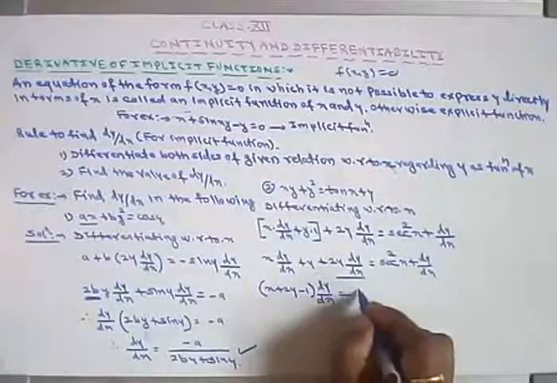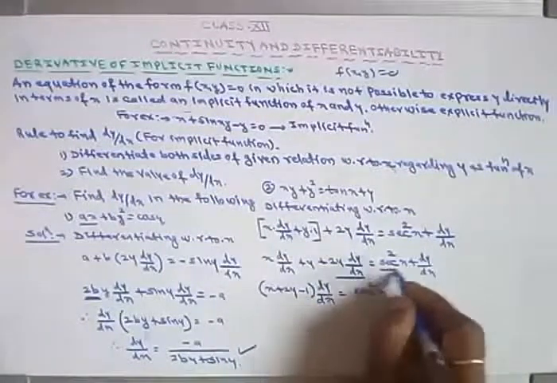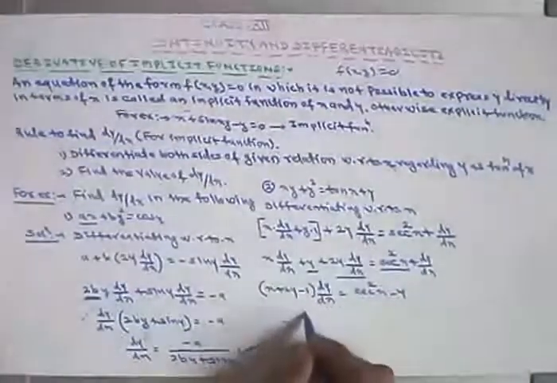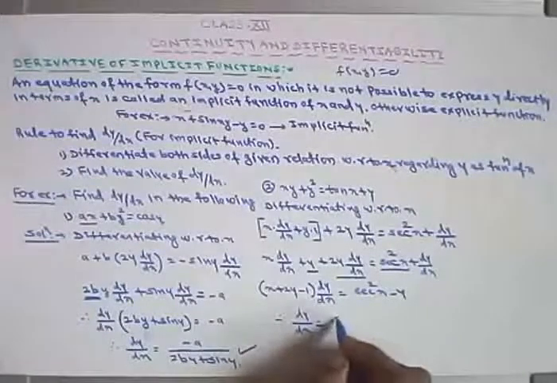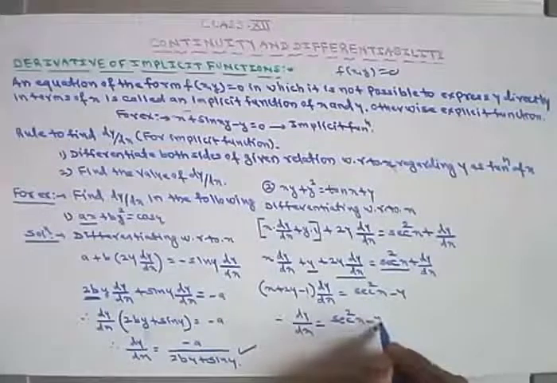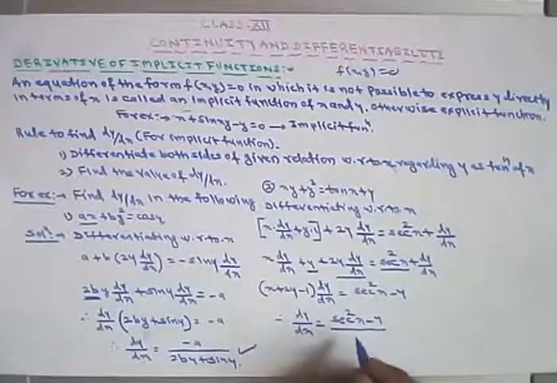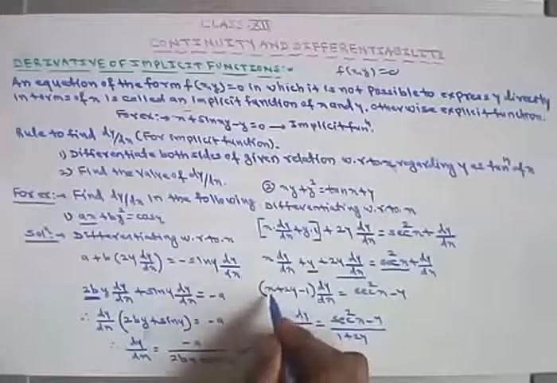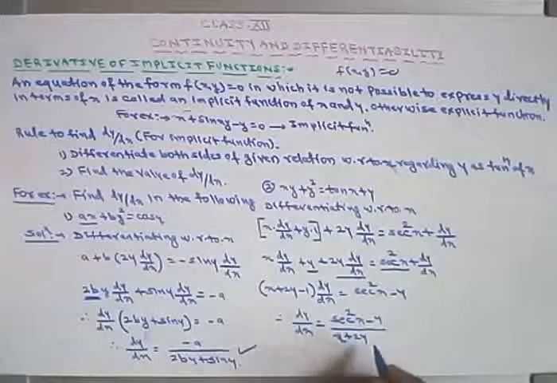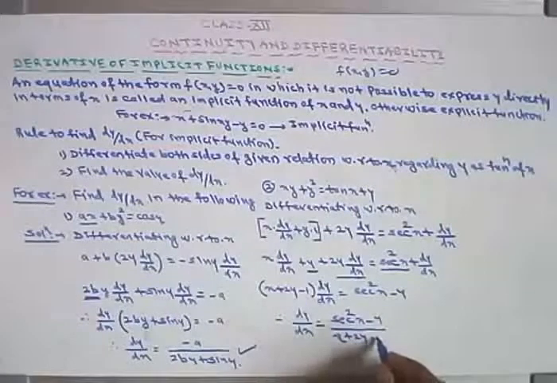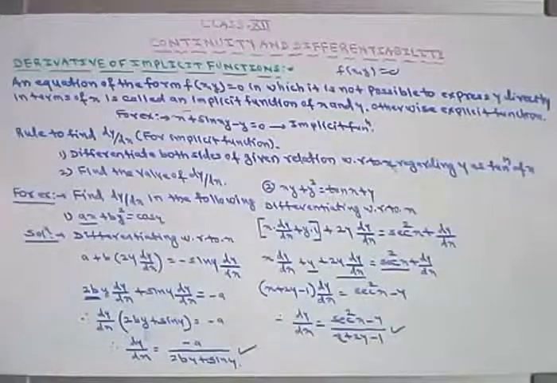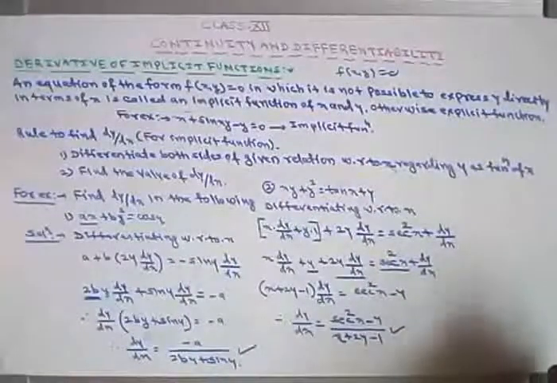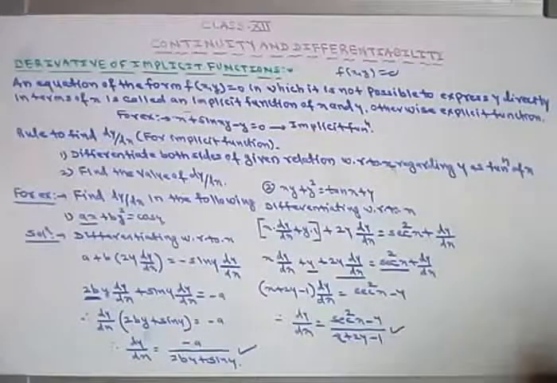To the right hand side we get sec square x minus y. Okay, therefore dy by dx equal to sec square x minus y upon x plus 2y minus 1. So this is the derivative of this x into y plus y square equal to tan x plus y. In this way, student, we can find the derivative.